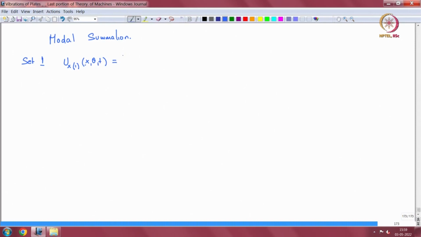Is equal to the summation over i goes from 1 to 3. These are the 3 sets of natural frequencies, because there are 3 kinds. First is dominantly axial, second is dominantly torsional, third is dominantly flexural. You have 3 sets. Then you have the m set of mode numbers, the n set of mode numbers going from 0 onwards.